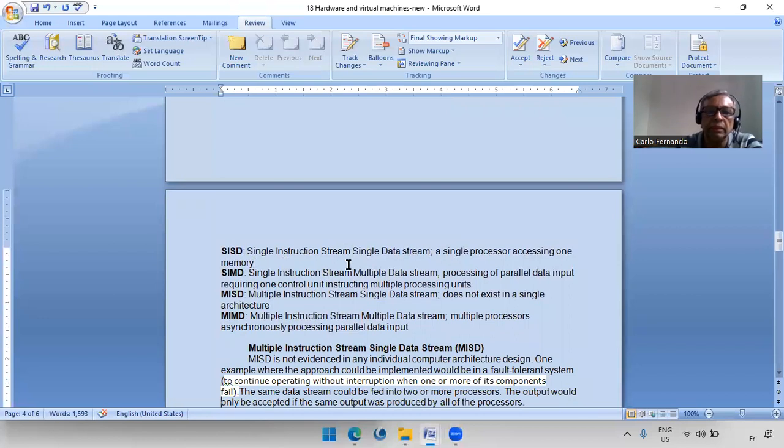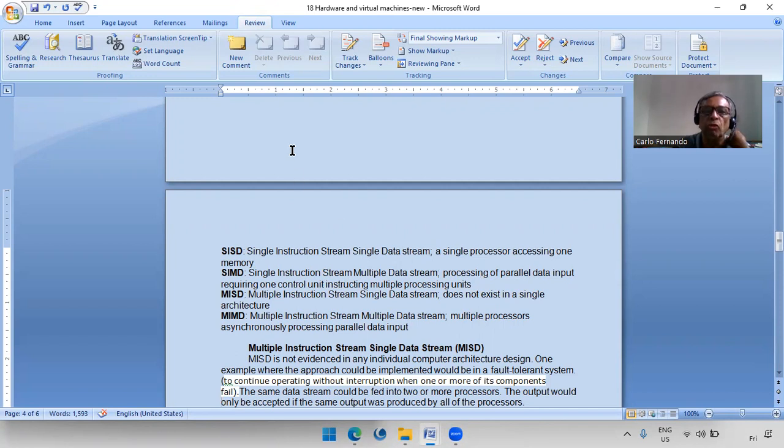SISD is single instruction stream, single data stream, a single processor accessing one memory. So that we saw, single processor. SIMD is also single instruction stream, multiple data stream: processing of parallel data input. We saw that parallelism, requiring one control unit instructing multiple processing units.